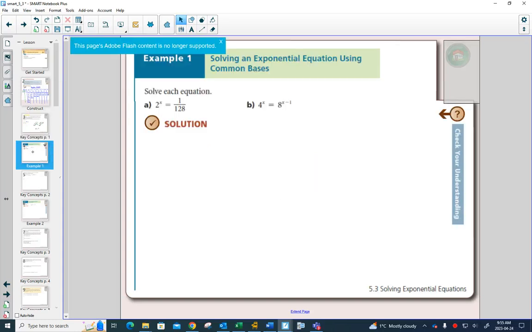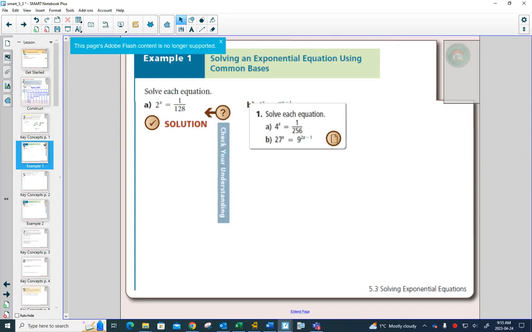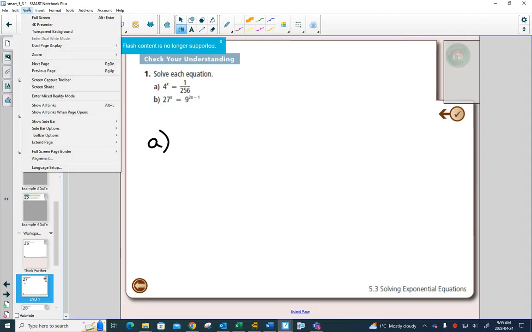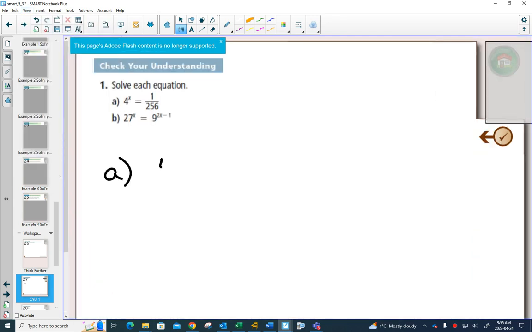So if we go to example 1, in part A, we have 4 to the x equals 1 over 256. And the question will be, if I go to my powers chart, is 256 in my powers of 4?